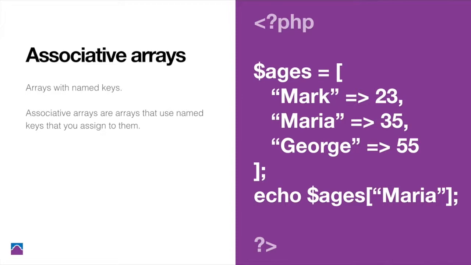And in here, the key is a string, and we're saying like Mark, and then we're setting a value to it. So it's an integer value of 23. So we do that for these 3 items, and this would actually output the second item, which would be 35.